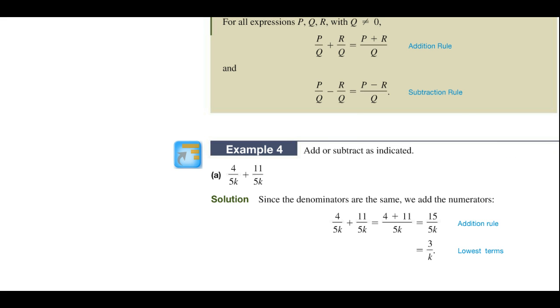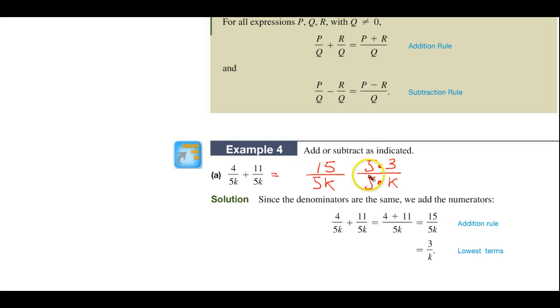So they're going to start us off easy. Here our denominators are the same in example 4. So we add our numerators. That's going to be 15 over 5k. But now notice this is 5 times k, and our numerator is 5 times 3, and this is 5 times k.